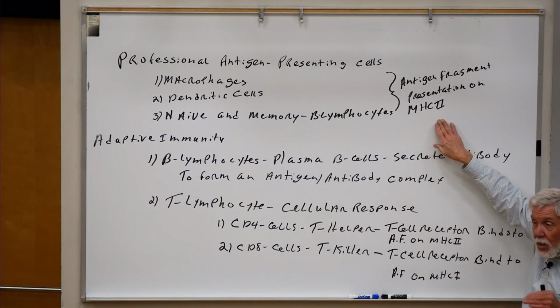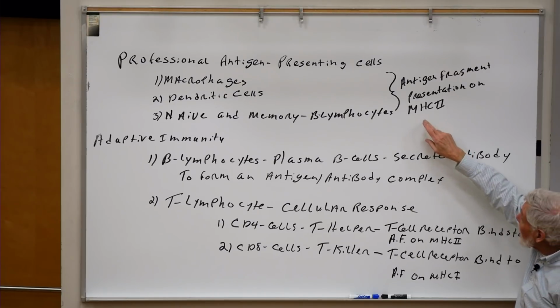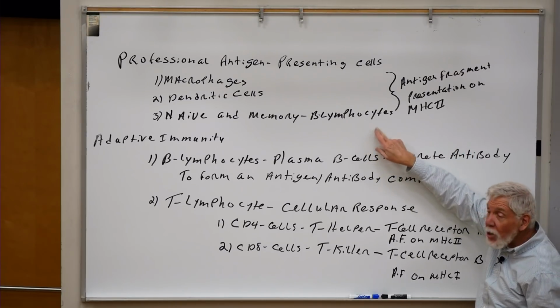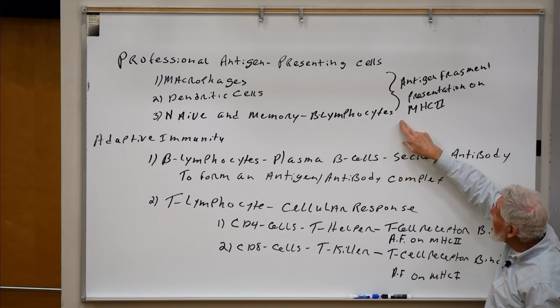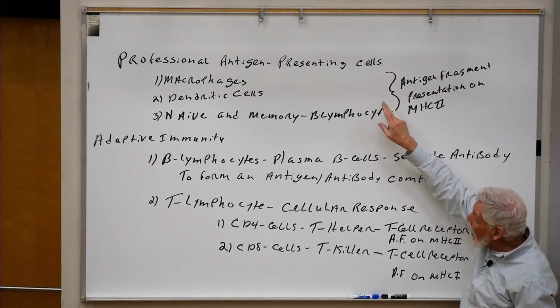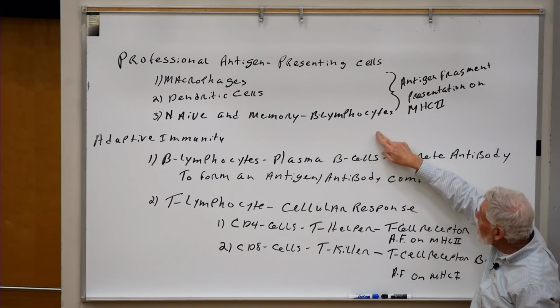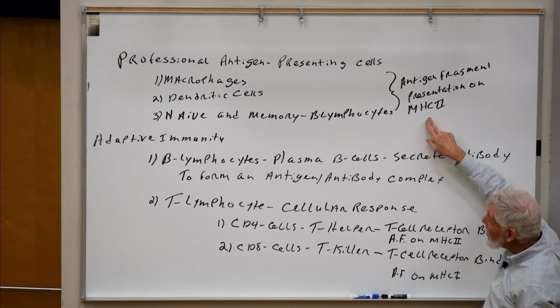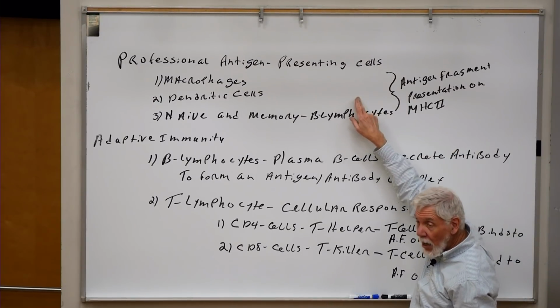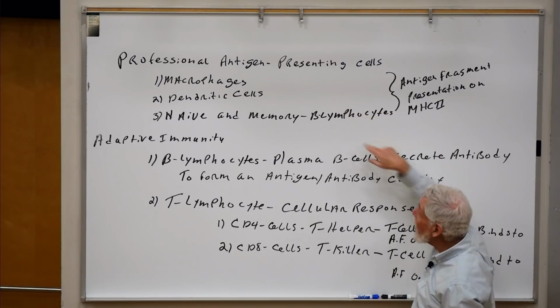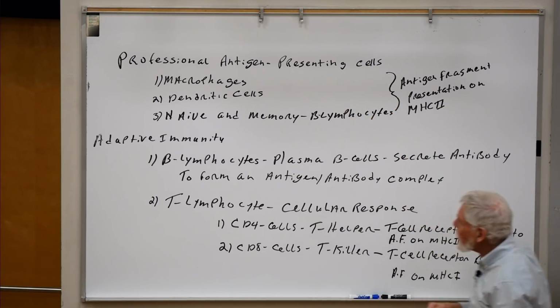They're the only three cell types that are so-called professional antigen-presenting cells because of their MHC2, and they will present fragments of antigens they've endocytosed. They will present those fragments to other cells, particularly T helper cells, and we'll talk our way through that.